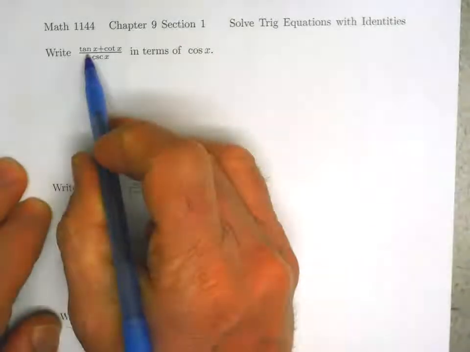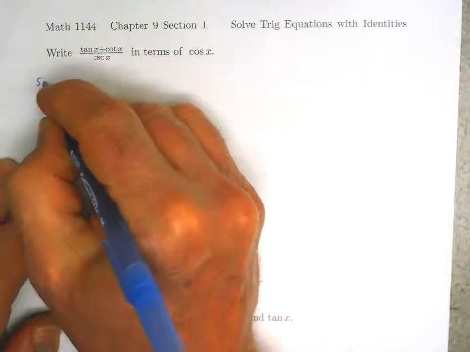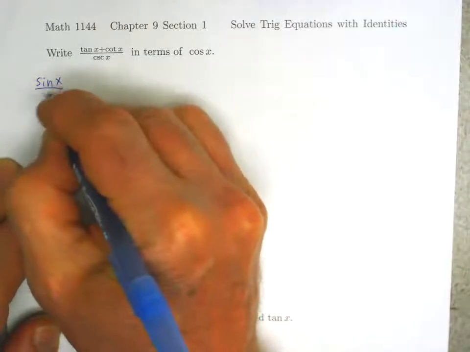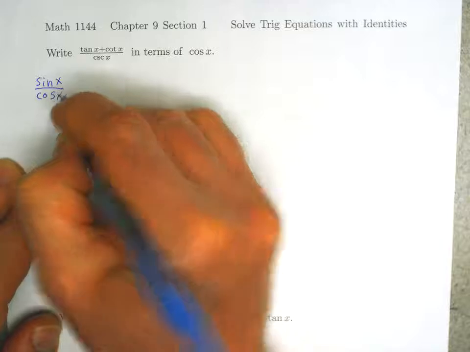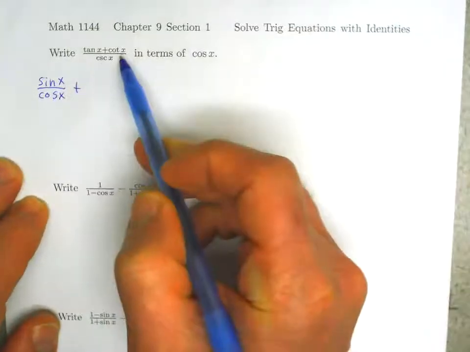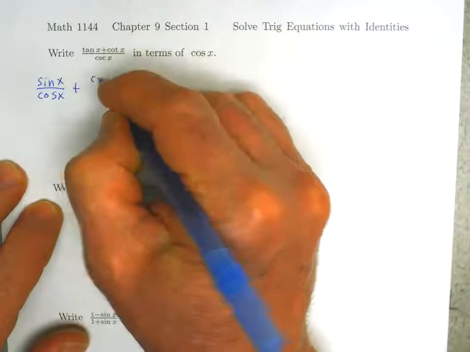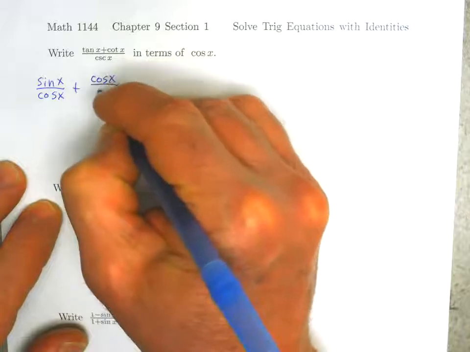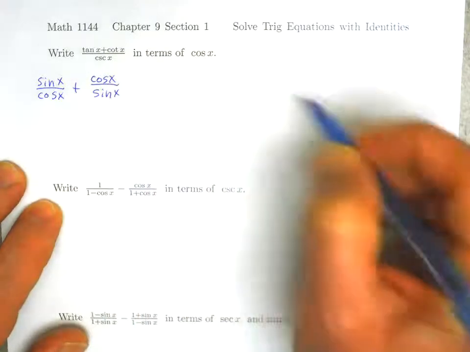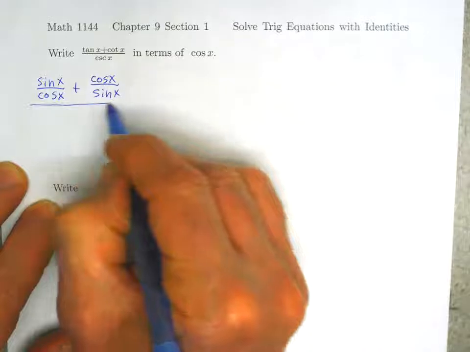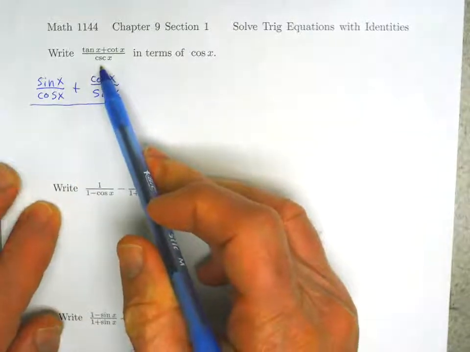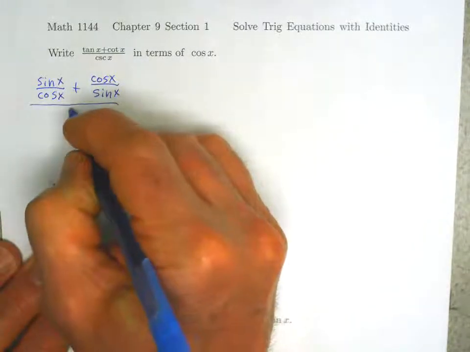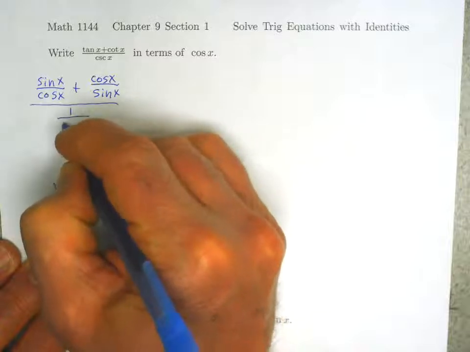So tangent of x, we'll start by writing it as sine of x over cosine of x. And we're adding that to cotangent of x, which is cosine of x over sine of x. We're dividing by cosecant of x, but we can write that as 1 over sine of x.